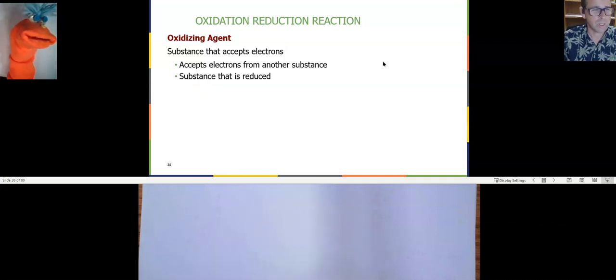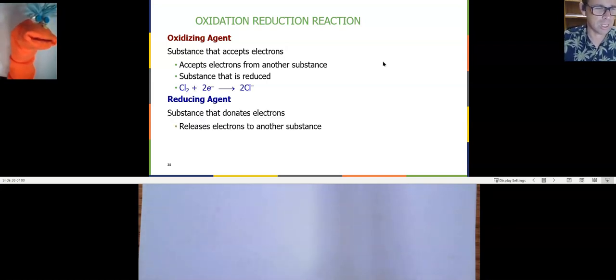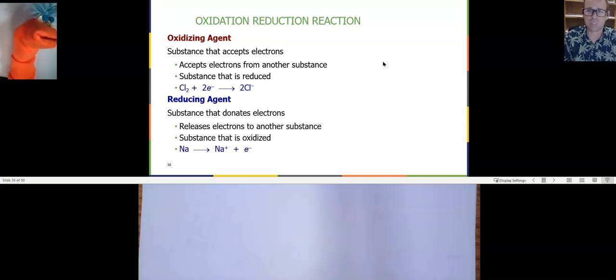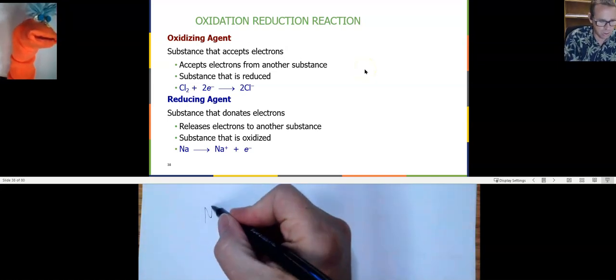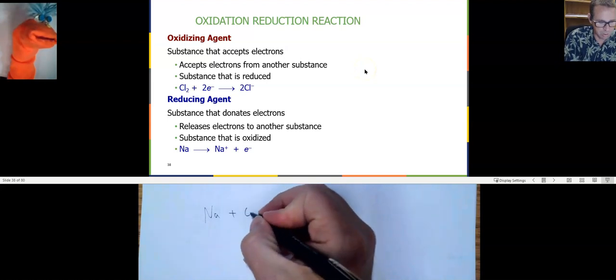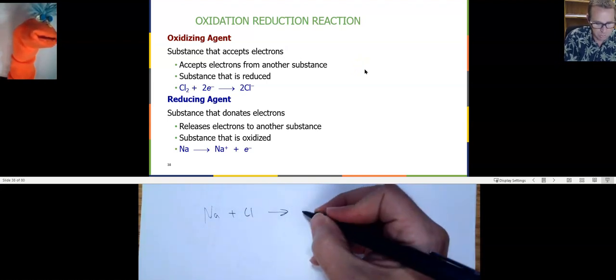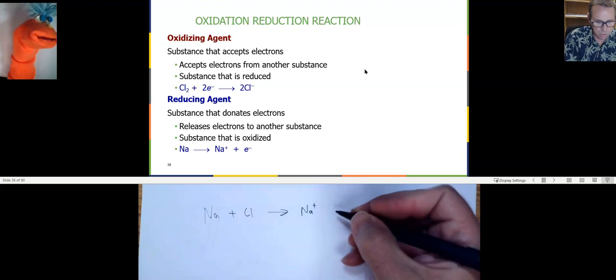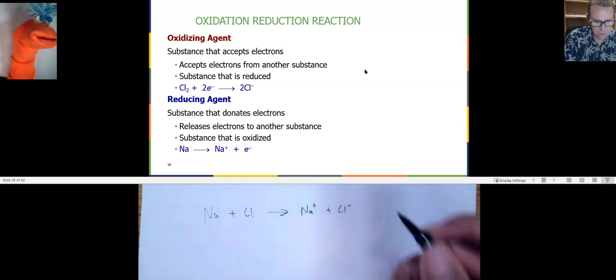So we can also identify what's called the oxidizing agent or the reducing agent by identifying which species has been oxidized or reduced. For example, here's my chemical reaction: sodium combining with, I'm just going to add a single atom of chlorine to simplify things, to form the sodium ion and the chloride ion.